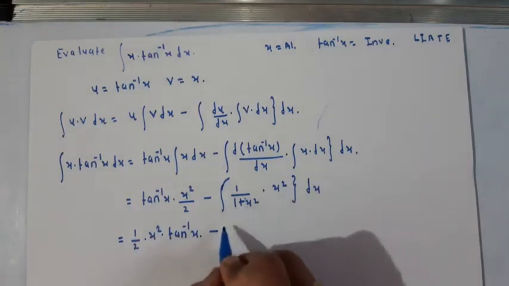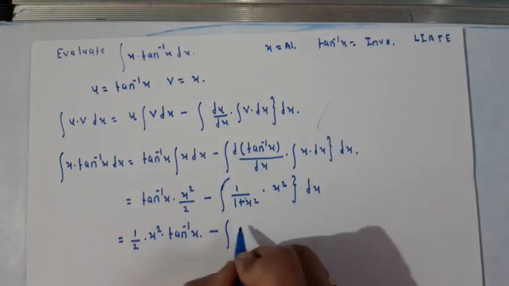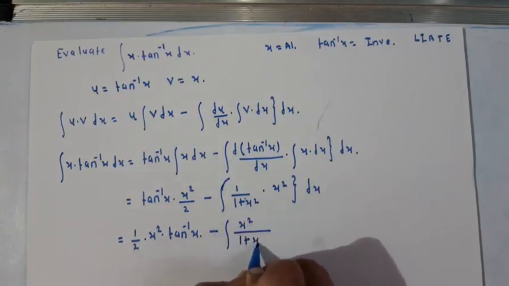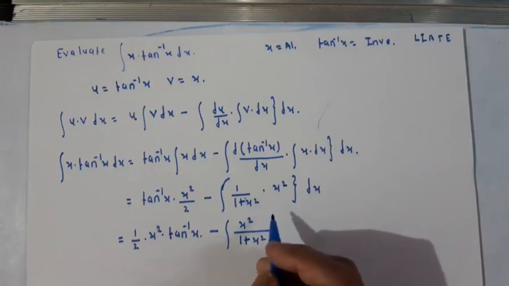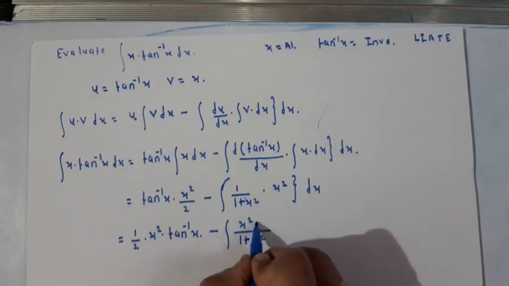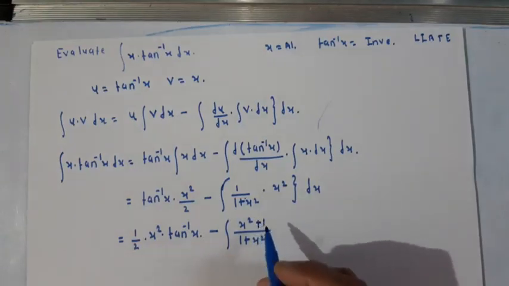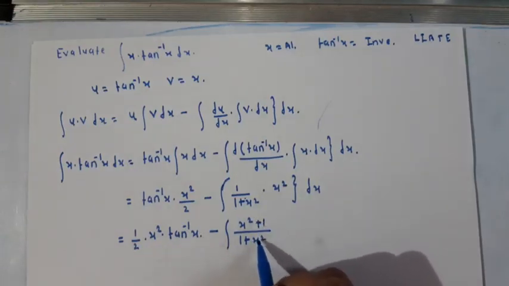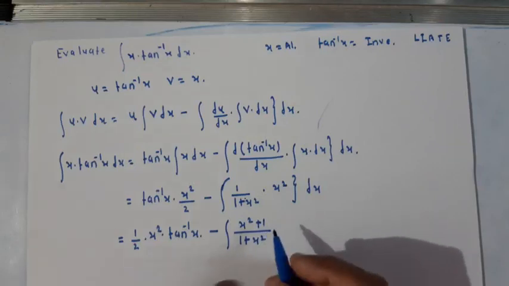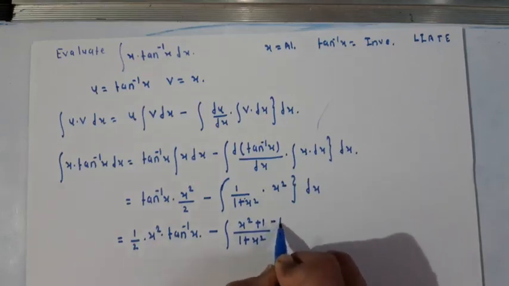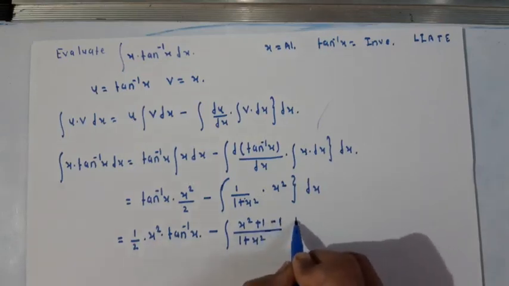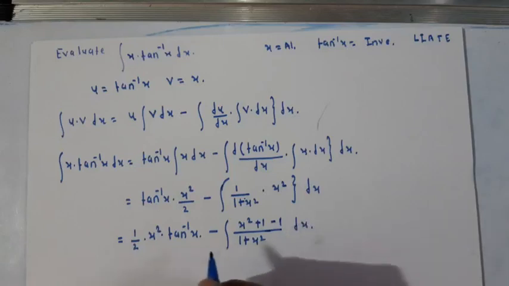So students, to solve this integration, that is x square upon 1 plus x square, we can make the adjustment, that is at numerator add 1 so that the numerator now is equal to denominator. Add 1 and now subtract 1, plus 1 minus 1, with respect to x, and now integrate.